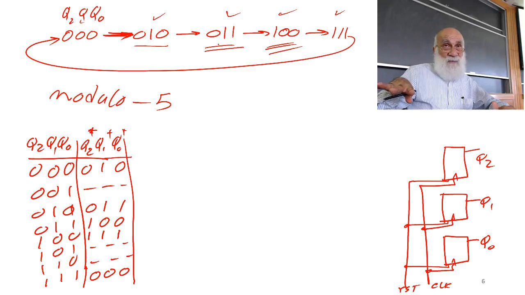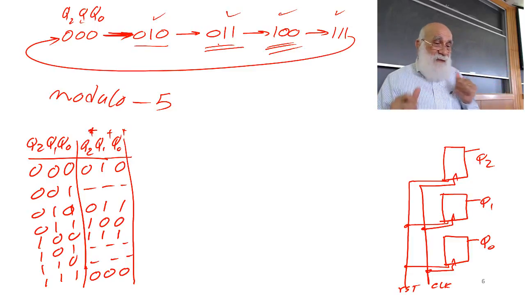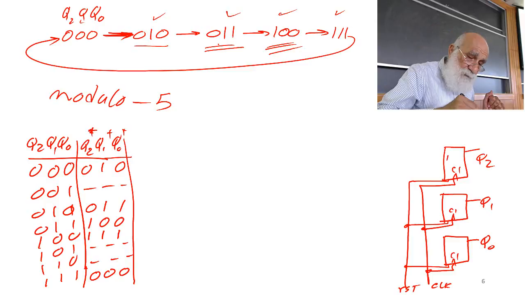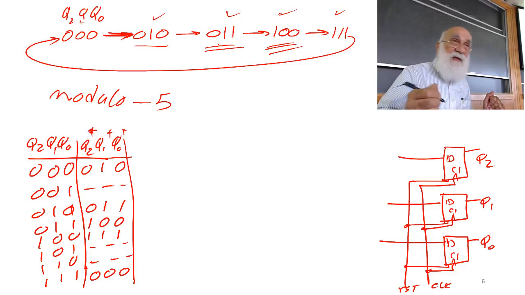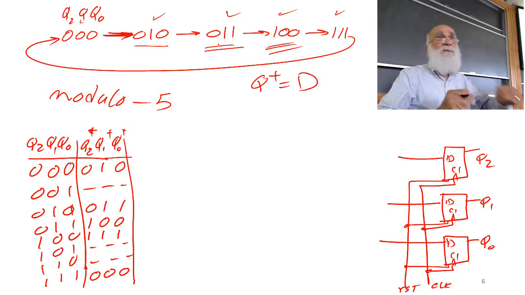Instead, what I have is a transition table where the present value is deciding the next value. So what I do is this. I know a flip-flop called the D flip-flop, where Q plus equals D.